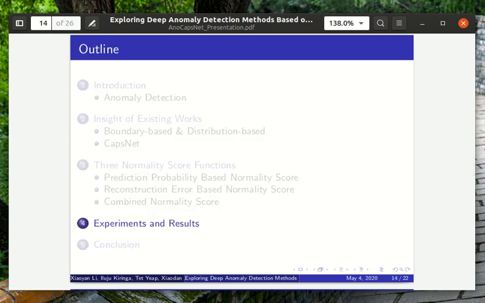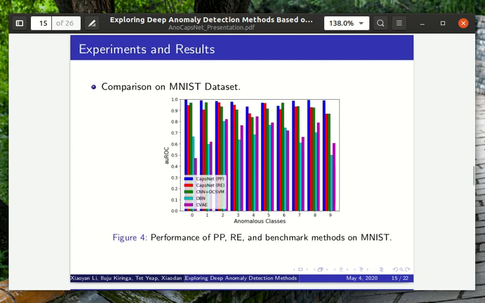Next, let's look at the experiments and results. This figure shows the comparison between two CapsNet-based methods, PP and RE normality score functions, and the 3 baseline models on MNIST datasets.